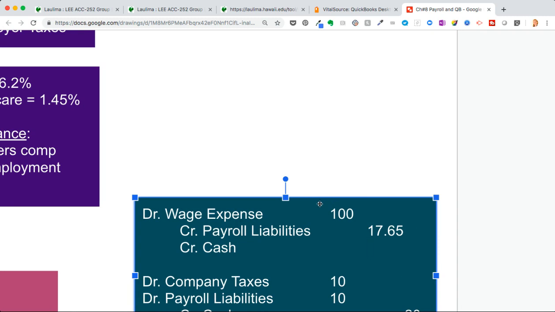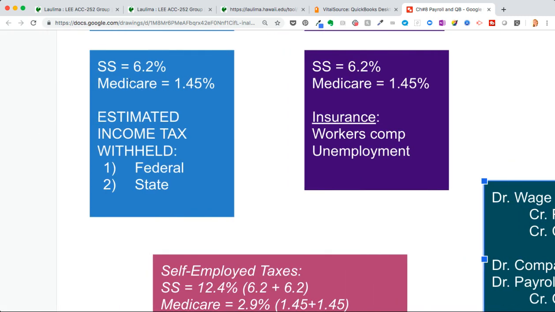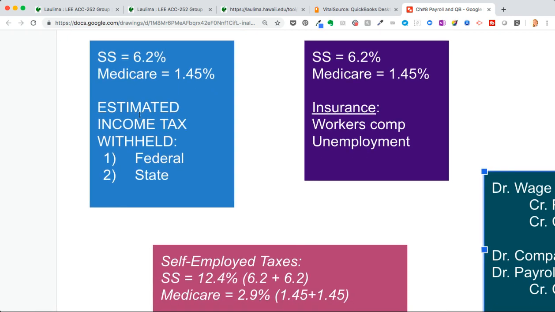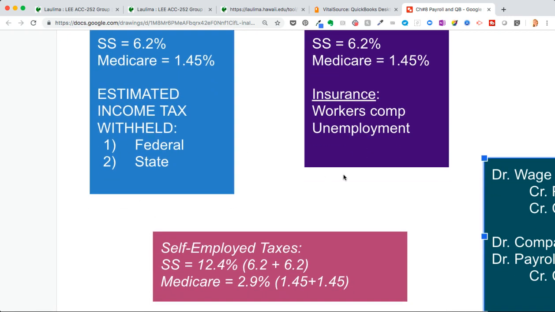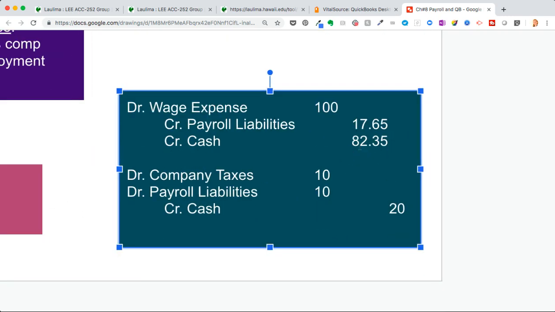17.65. So down here we have 100. So the actual cash that we're going to pay them is only 82.35. I think I did that math right. So they get their pay minus Social Security and Medicare 7.65%, and then an estimate for federal and state taxes. So I used $10.